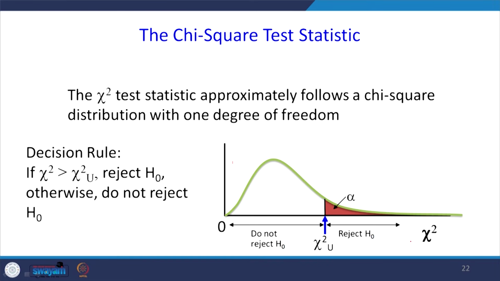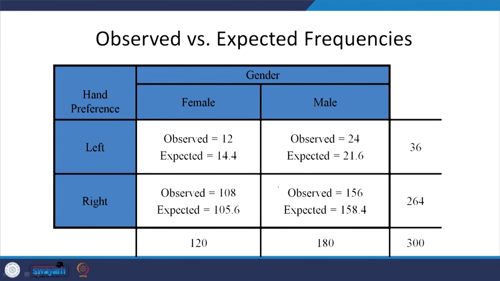The chi-square test statistic approximately follows the chi-square distribution with 1 degree of freedom. The decision rule is: if the chi-square value is greater than this limit, we reject the null hypothesis, otherwise we do not reject it. So this is the observed frequency. Now we have to find the expected frequency for each cell.